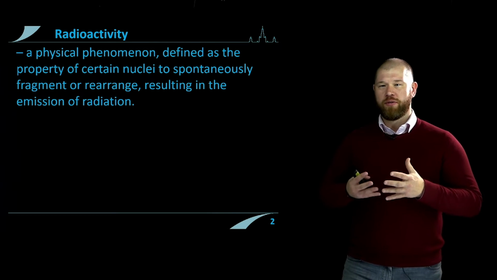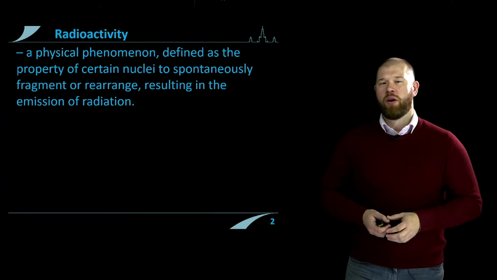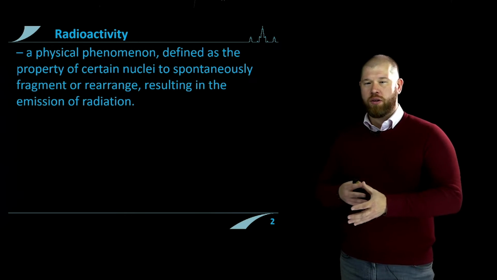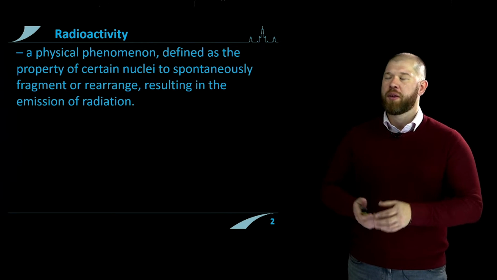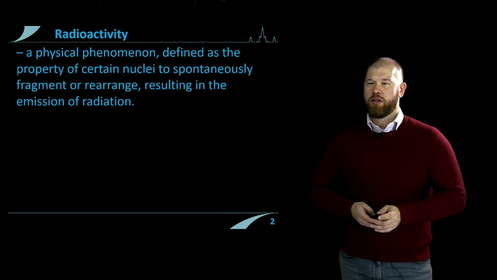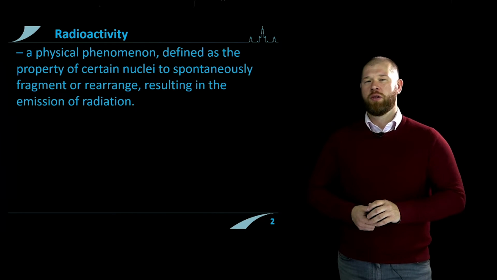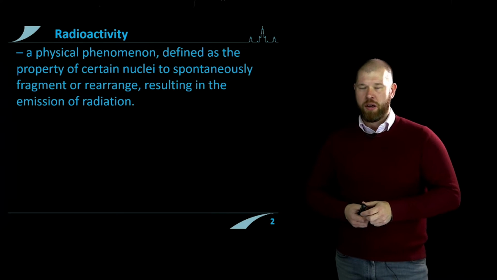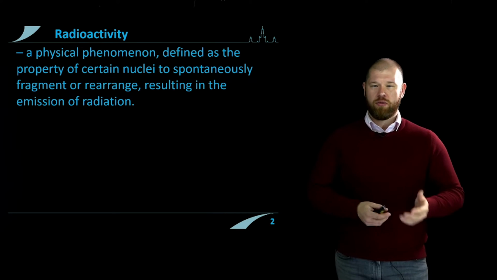And this phenomenon results in emitting of ionizing radiation and also in changes of the chemical composition of the matter. And that is also important, this process is a spontaneous process. That means that during this process the energy is released.